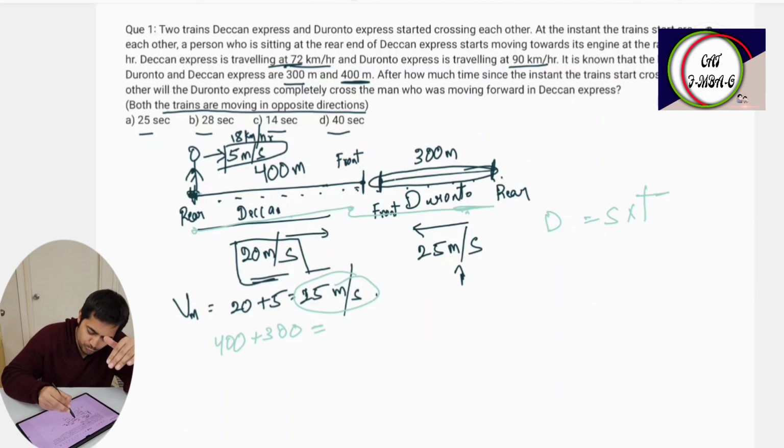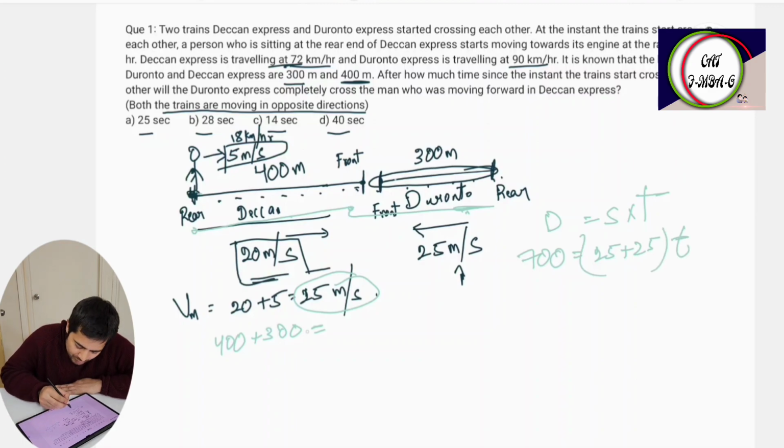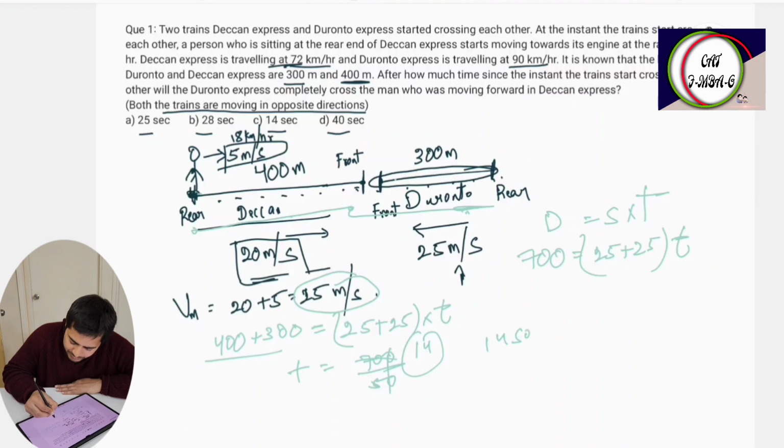So the whole distance is 400 plus 300, that is 700, equal to speed 25 plus 25 into time. So T is equal to 700 by 50, which is 14 seconds. This is the right answer, option number C, 14 seconds.